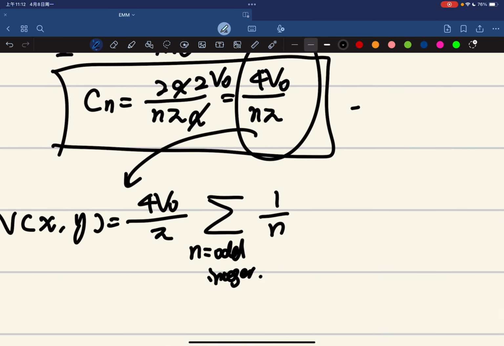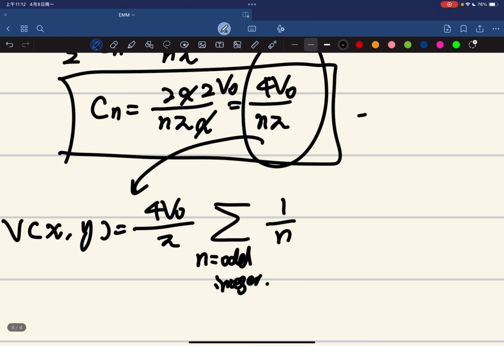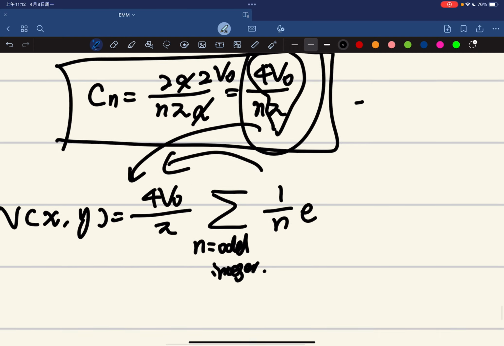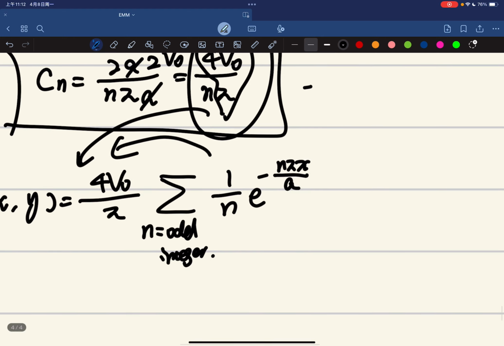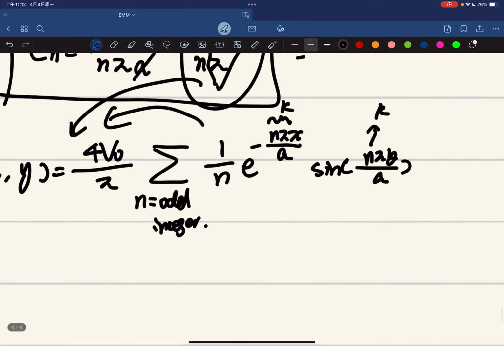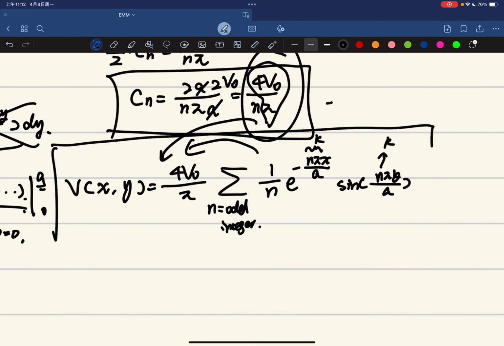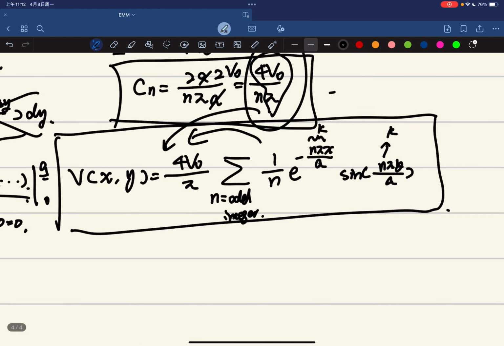What I do here is put the n over 1 inside, and leave those constants outside. I already know this is k, and this is also k. So now this is my final form of the solution. Thank you.